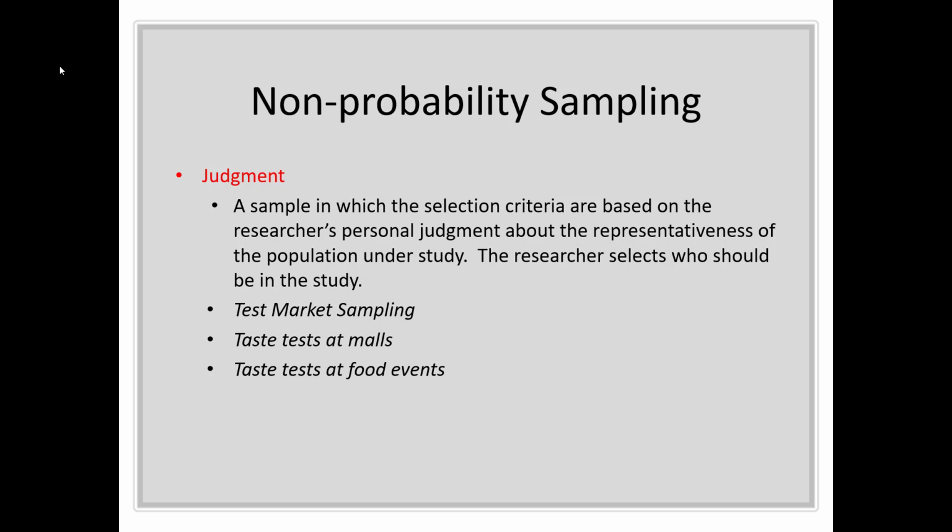It's up to the researchers to decide who should be included in the sample. The criteria are predetermined by the researchers. Judgment is similar to quota, but the quota has a preset number of respondents.